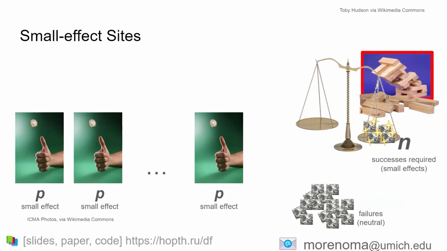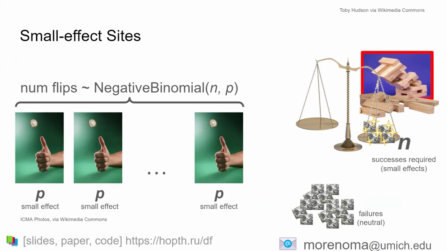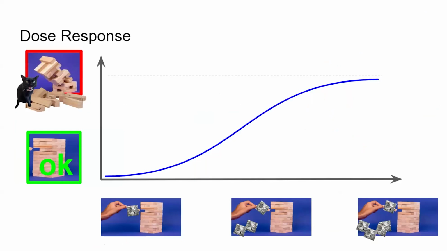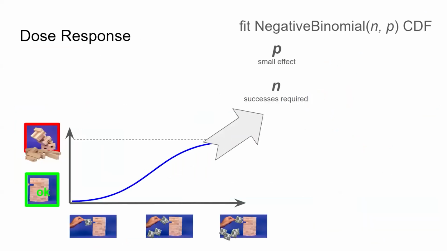And it turns out that if we pose a scenario this way, we can draw a relationship between the sequence of coin flips and the negative binomial distribution, which gives you the waiting time until you have a certain number of successes in a sequence of coin flips. And this dose response curve happens to be congruent to the cumulative distribution function of the negative binomial distribution in this scenario.